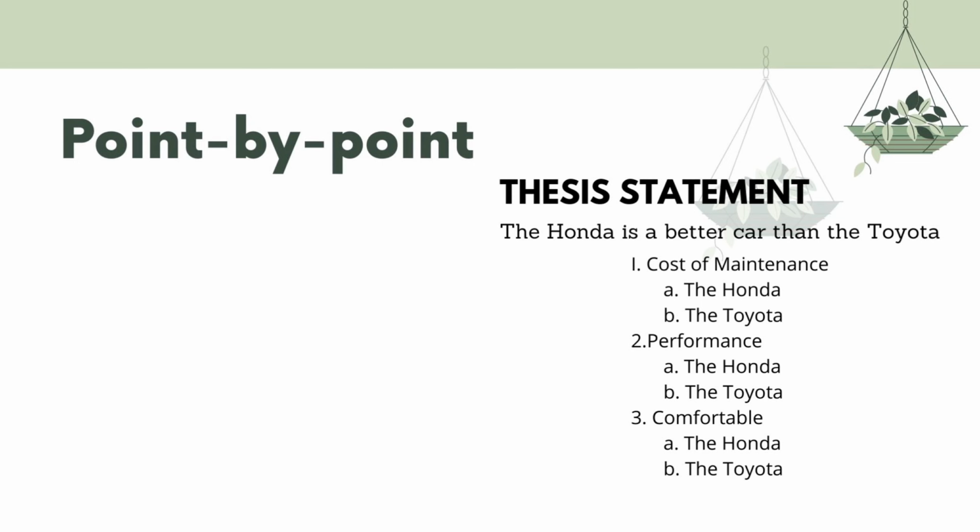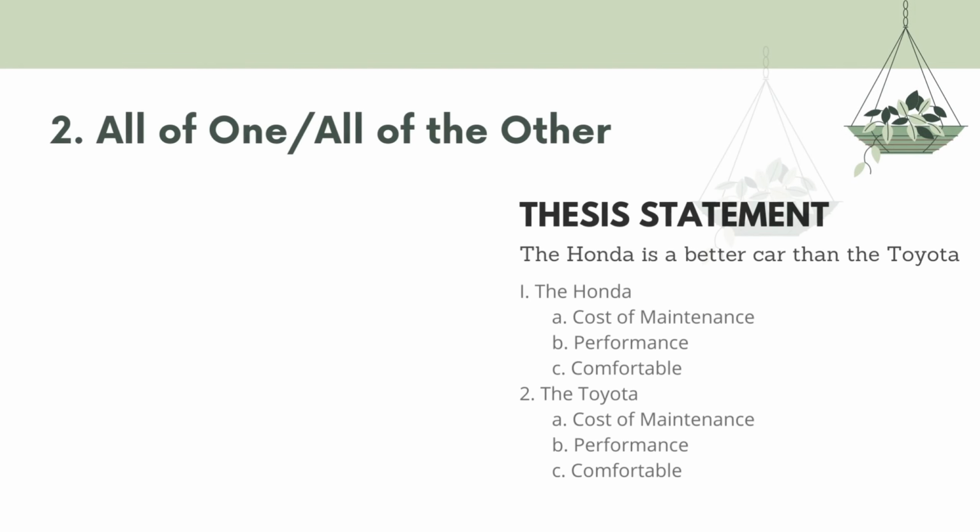On the other side, for all of one style, we have a different way to explain these three aspects. We need to explain all the aspects, but start from the first thing, in this case, the Honda. We need to explain three aspects: cost of maintenance, performance, and comfort.